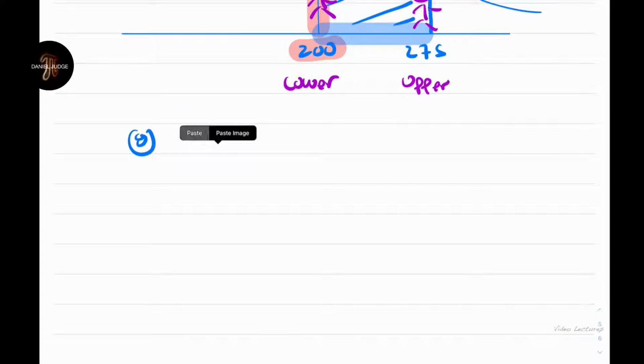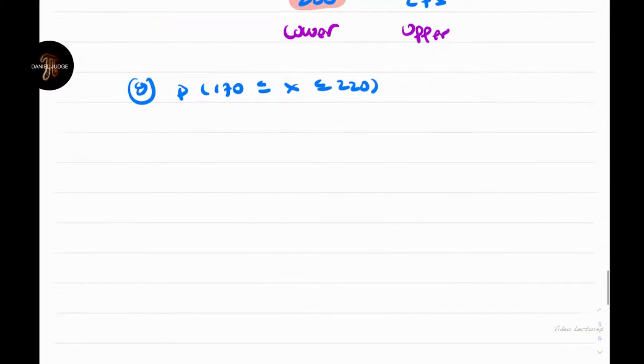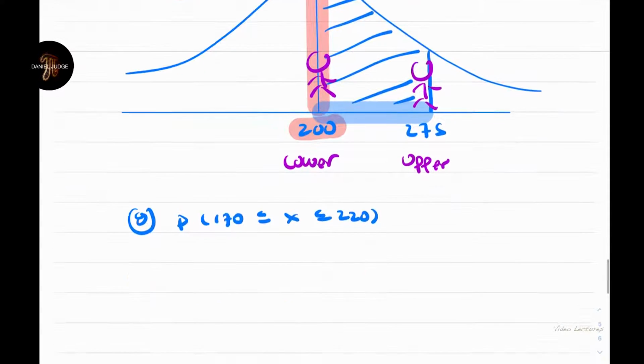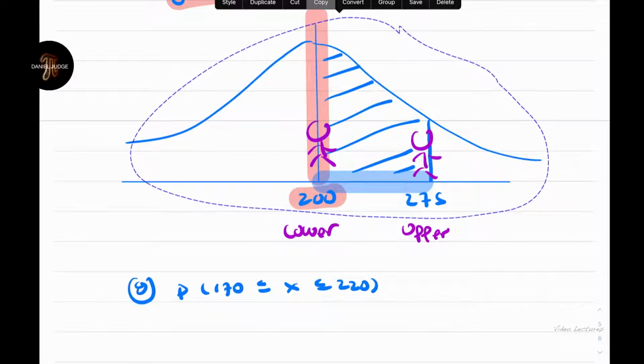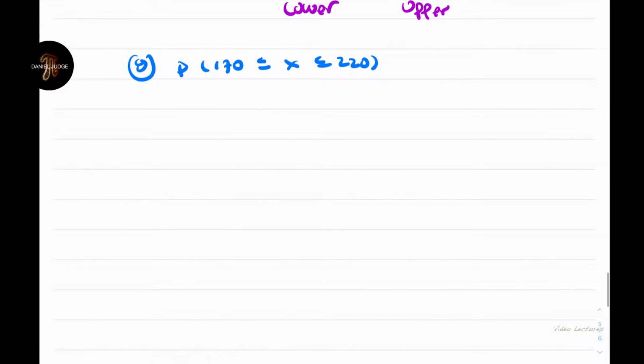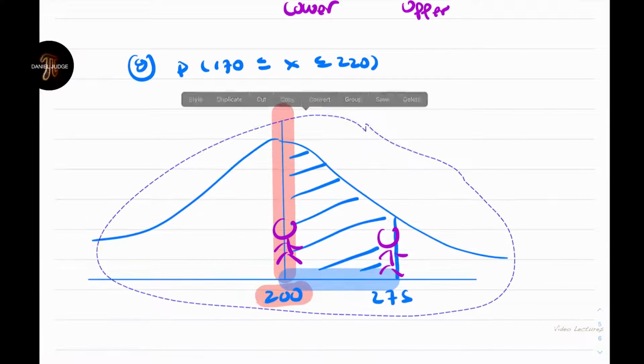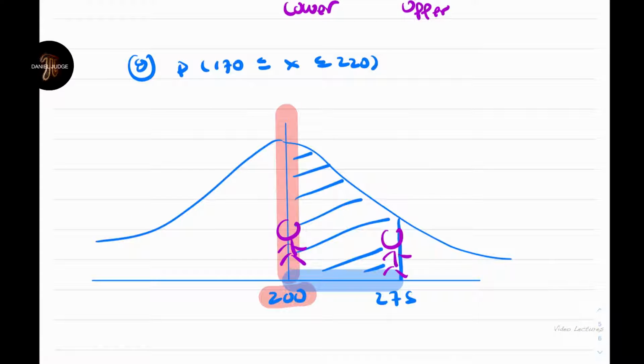But let's actually take a look at how this would be. Okay, we're going to draw a picture of this bell now. I'm going to even copy the bell. Okay. What's going to be different is really all of this.